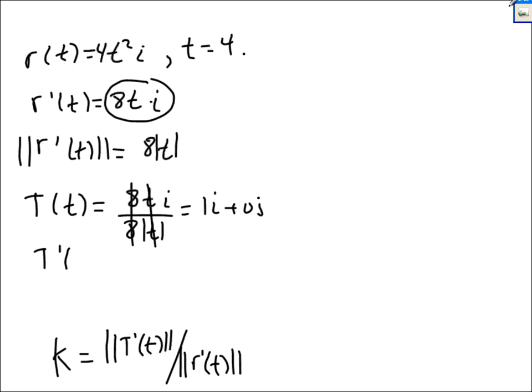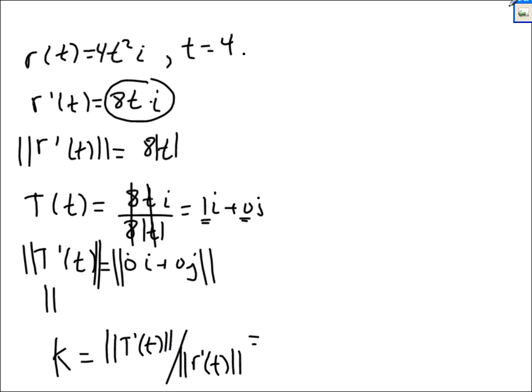So T prime of t is just going to be the derivative of this i plus the derivative of that j. It's the 0 vector. The length of the 0 vector is 0. So we have 0 over 8 times the absolute value of t. And if t is 4, we get 0.